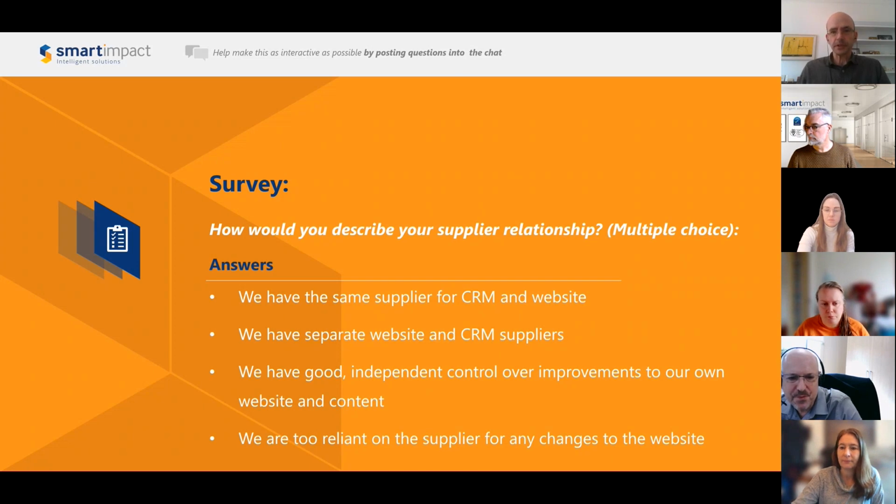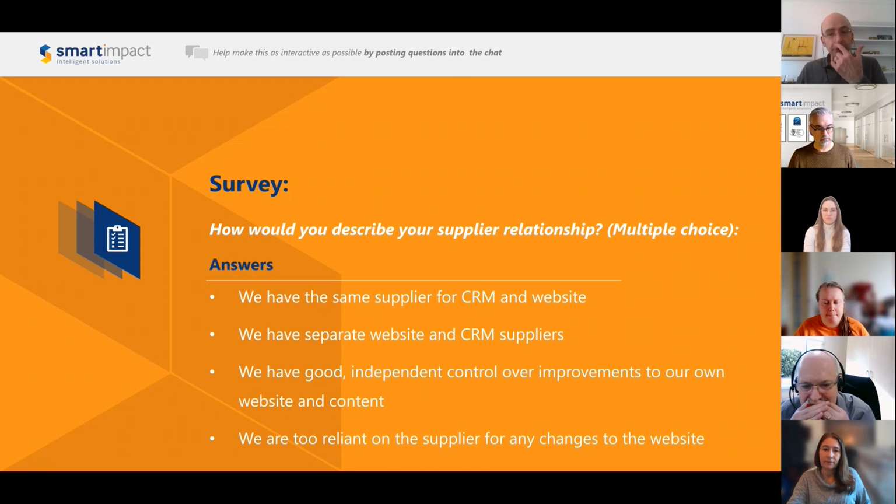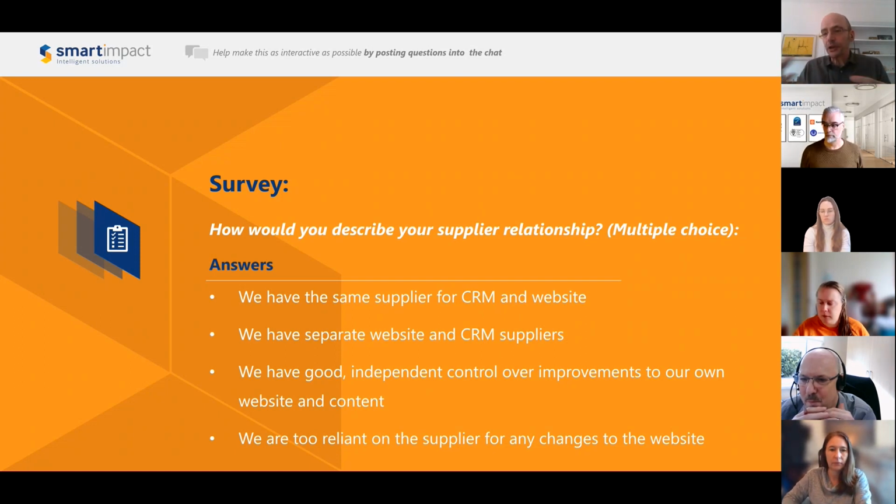Okay, great. Thanks. We can see that the majority of people have separate CRM and website suppliers. Well, just half at the moment. That's changing rapidly. We're seeing that the majority of back office suppliers traditionally have also developed website capability now because they want to be a one-stop shop and reduce the risk on the client projects.